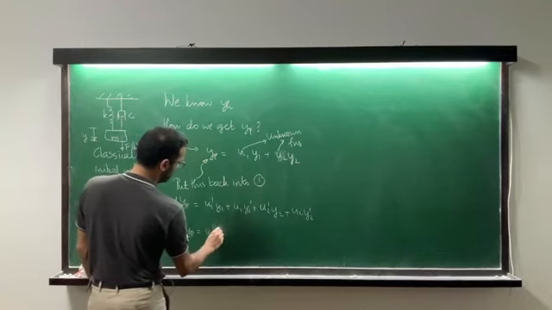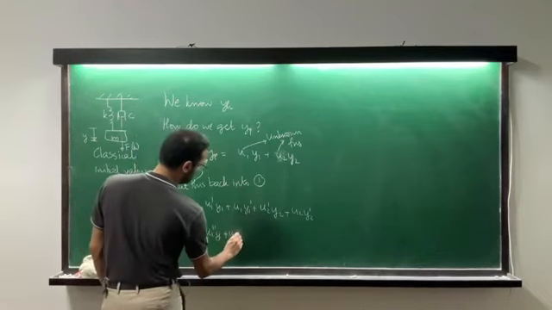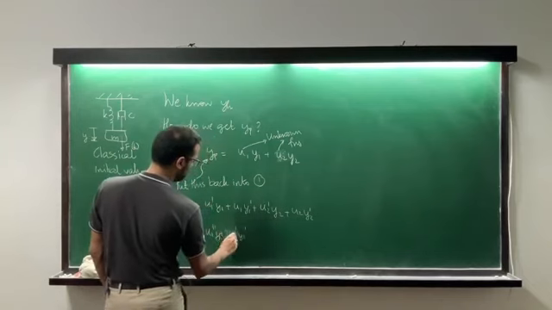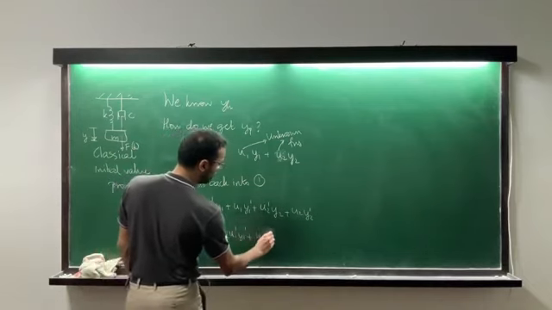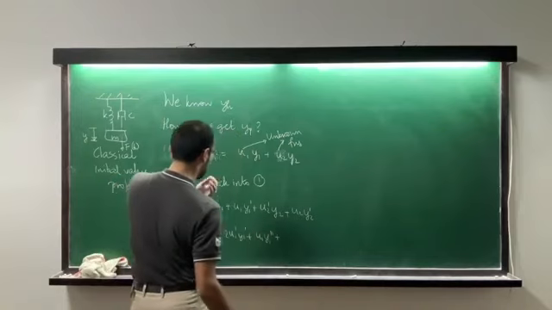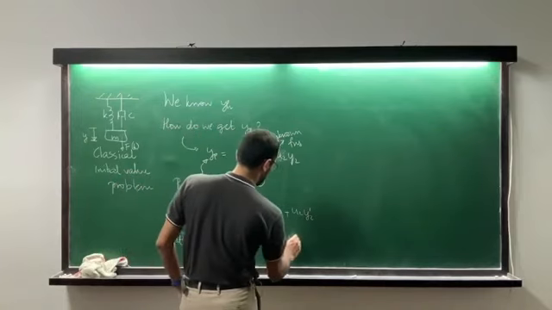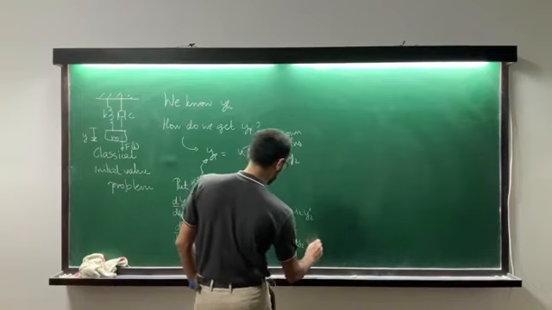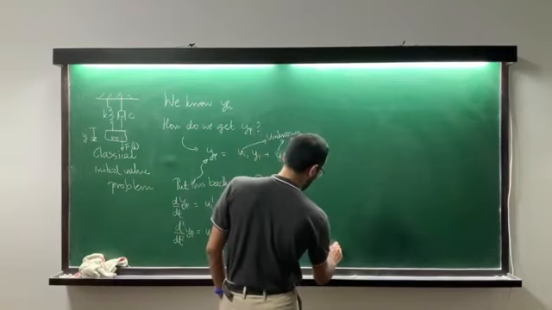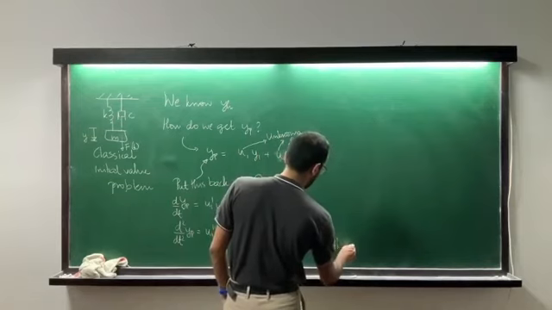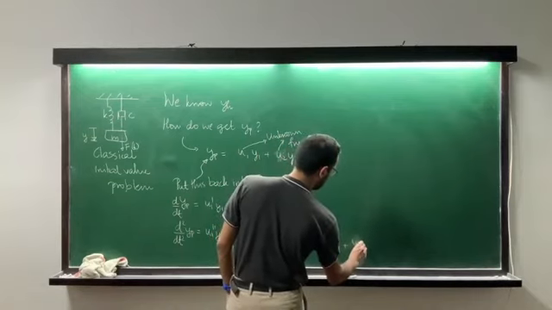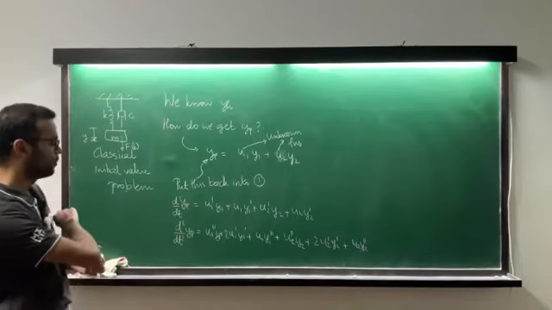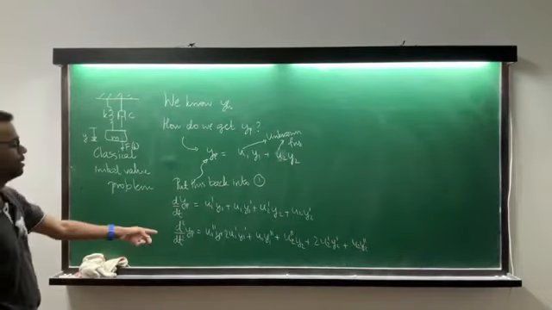So this will be u1 double prime y1 plus u1 prime y1 prime plus another u1 prime y1 prime, that will give you 2, plus u1 y1 double prime, plus u2 double prime y2 plus 2 u2 prime y2 prime plus u2 y2 double prime. That's what this is.